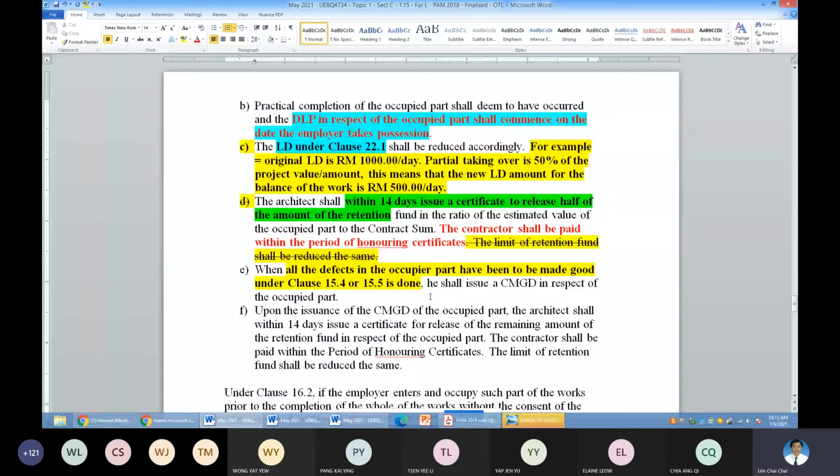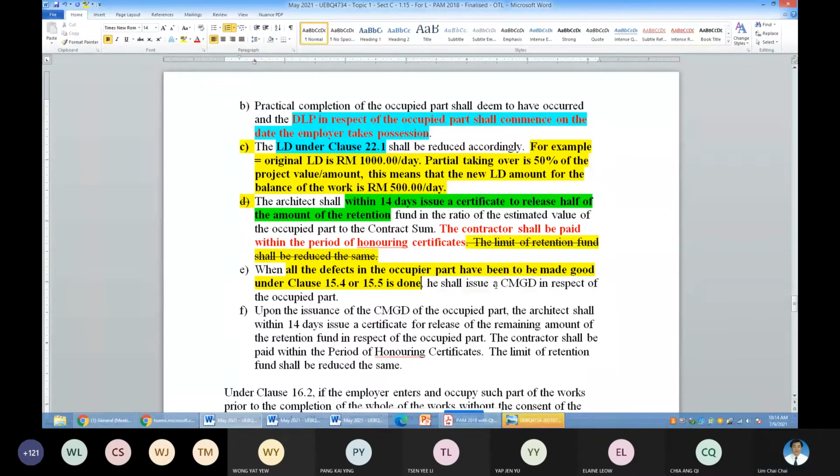Then there will be another list under clause 15.4. That is your last list, before the expiry. And then your clause 15.5 is your recurring list for that particular section of the work that you have taken over. When this is all tidied up, then a CMGD will be issued for that particular part.